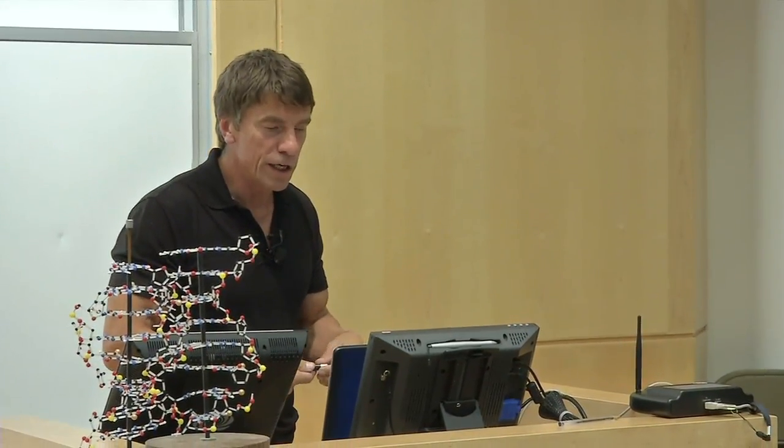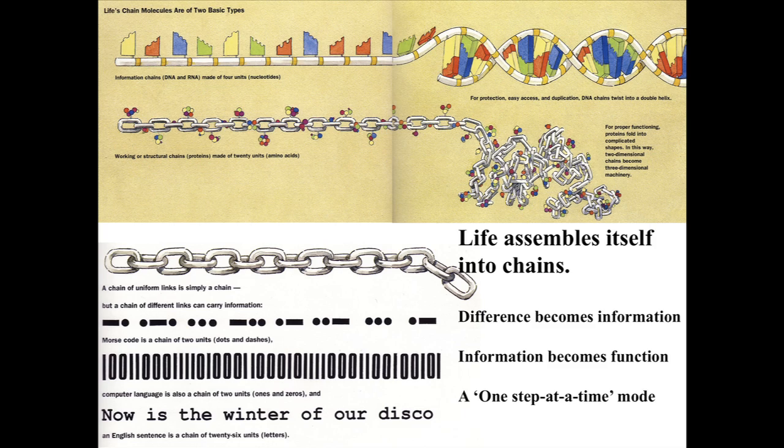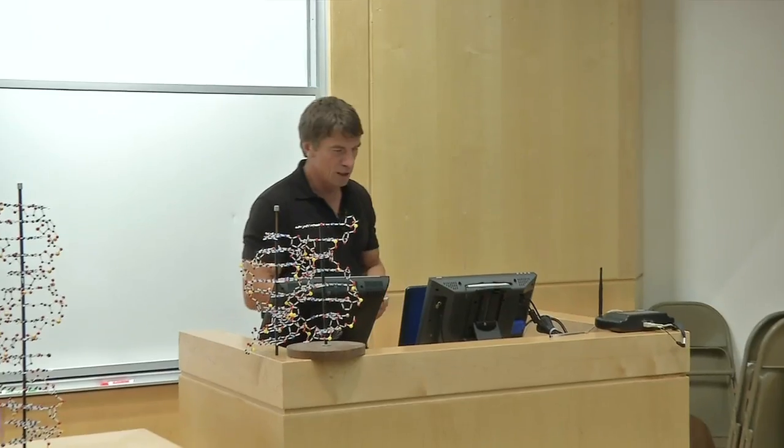Whereas if you look at the Morse code, it is a chain of 2 units, dots and dashes, like digital code. So dots and dashes actually can contain a fair bit of information, zeros and ones, gigabytes, terabytes of information. Even our alphabet is pretty good at information, containing its 26 different units.